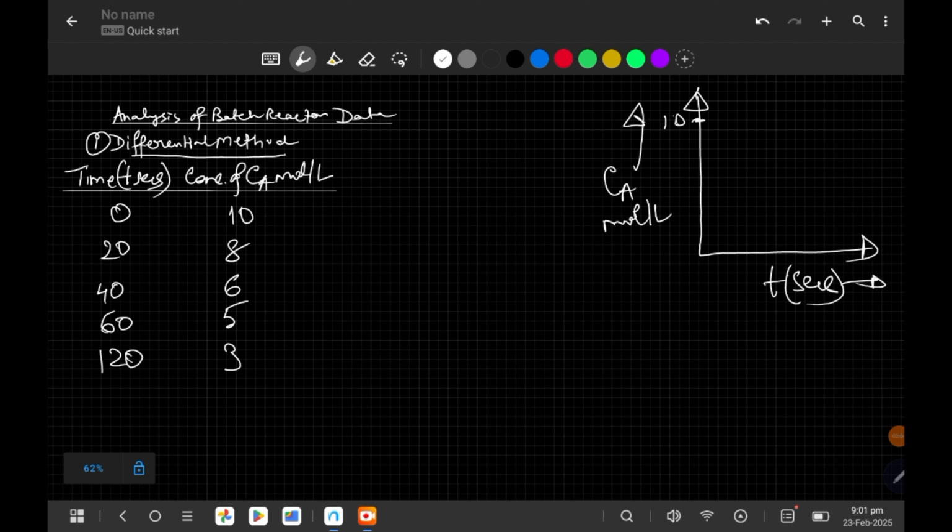So 10, which is the concentration, will be here. This is 8, this is 6. Okay, so this is maybe 4 somewhere, and here we are plotting say like 100, 200, like this.